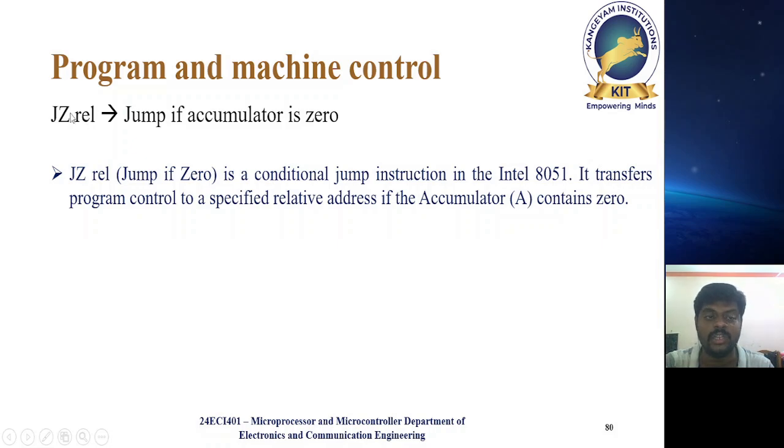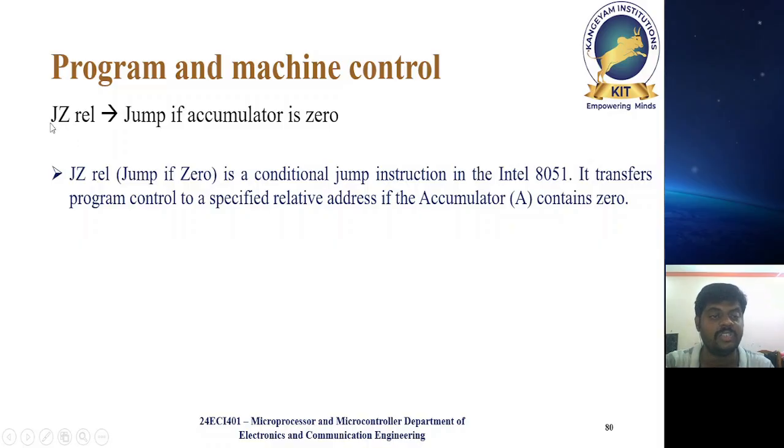Here JZ means jump on 0. Whenever the value in the accumulator becomes 0, this condition becomes true, so it will transfer the control to the memory location mentioned here. If the accumulator value is non-zero, the condition becomes false, so this will not get executed. Only when the condition is true will this be executed.